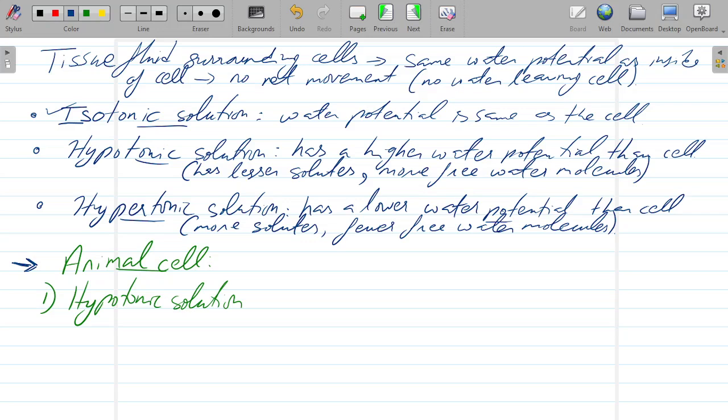When an animal cell is placed into a hypotonic solution, that basically means that the water potential of the solution is higher than what's inside the cell. The book gives you the example of pure water, but it doesn't have to be pure water. It could be any solution with a higher water potential.